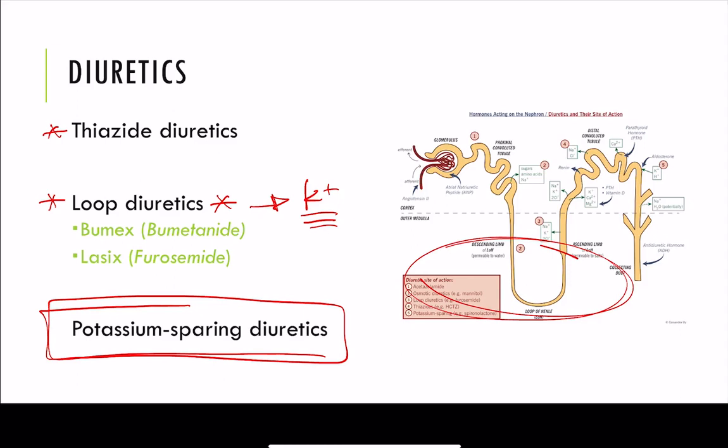As a general rule, for patients on diuretics, the main negative side effect is that fluid depletion can end up being a problem, especially on the loop diuretics because they're so powerful. The goal of the drug is to get rid of fluid, but they can do too good of a job, and you can end up in a fluid depletion state.